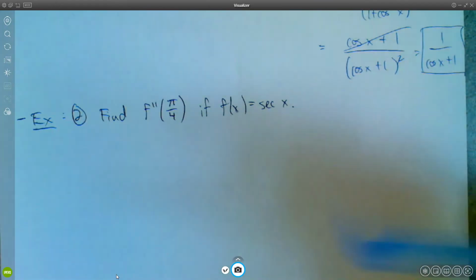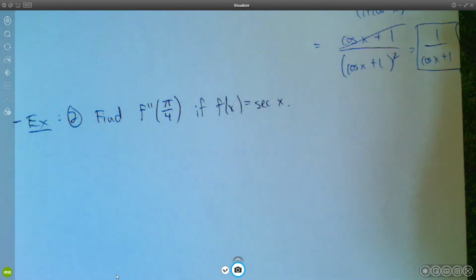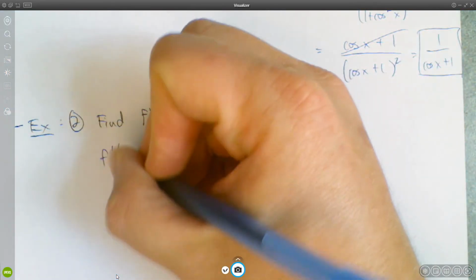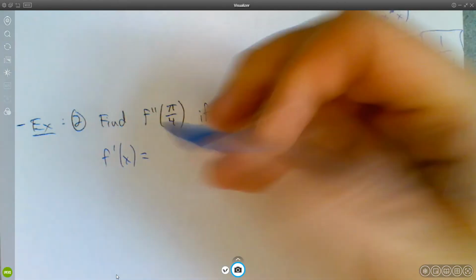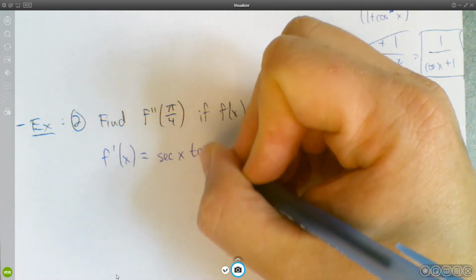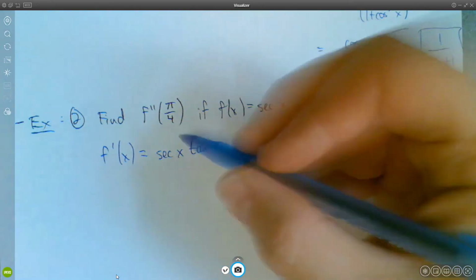Okay. Well, in order to find f double prime of pi over 4, first I need to find f double prime of x. In order to find f double prime of x, I need to start by finding f prime of x. So let's start there, f prime of x. If f of x is secant x, then f prime of x is secant x tangent x. Right?